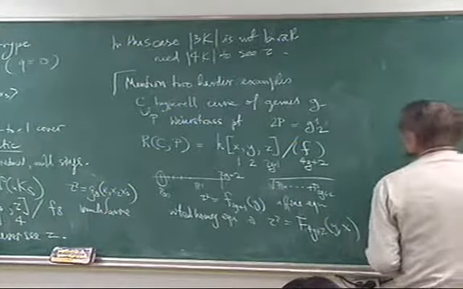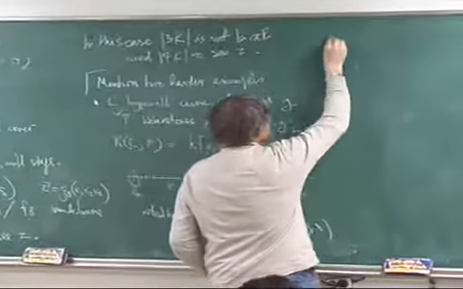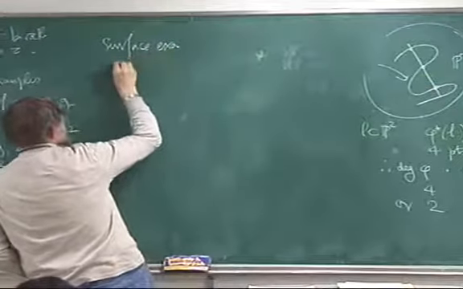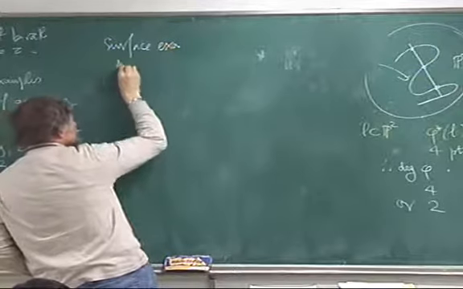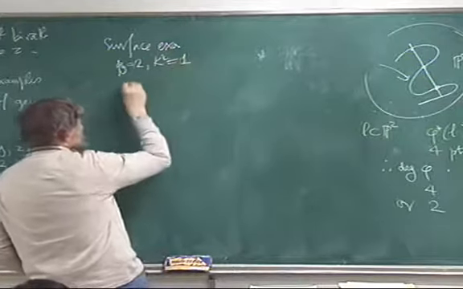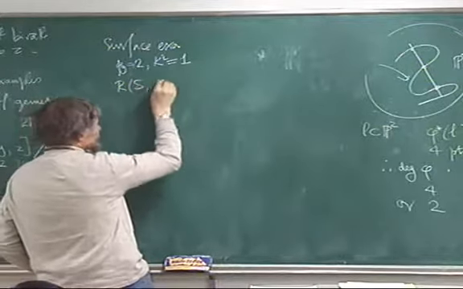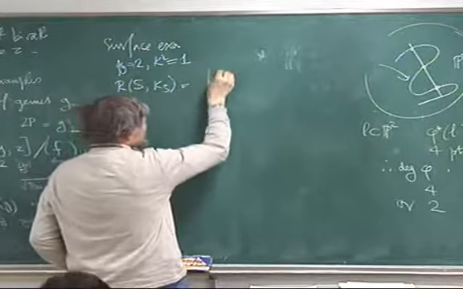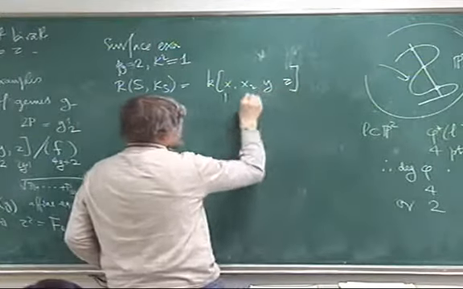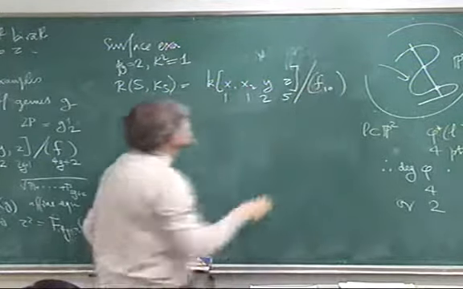And then another example. So this is a curve example, and then a surface example. If I'm going to look at a surface with p_g equals 2 and K squared equals 1, it turns out that the canonical ring of X, I'm going to call it R(X, K_X), is k of x1, x2, y, z, where these are of degree 1, 1, 2, 5, divided by f_10.